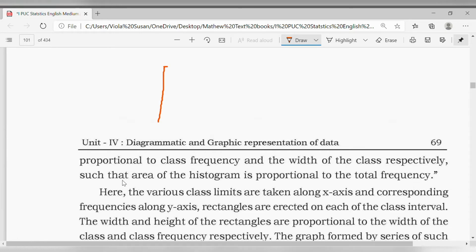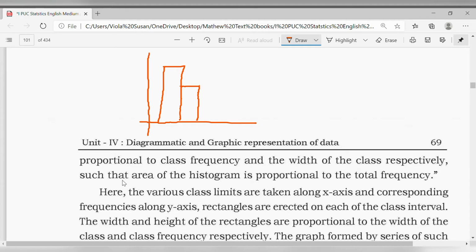When I draw here like this, this is one rectangle, students. This is the x-axis, this is the y-axis. So this is a vertical rectangular bar, and when I start another bar, I draw. So these are a set of vertical rectangular bars placed adjacent to each other.